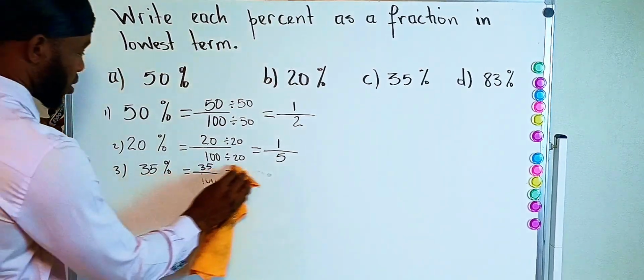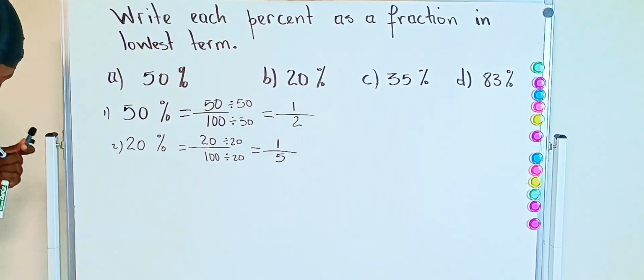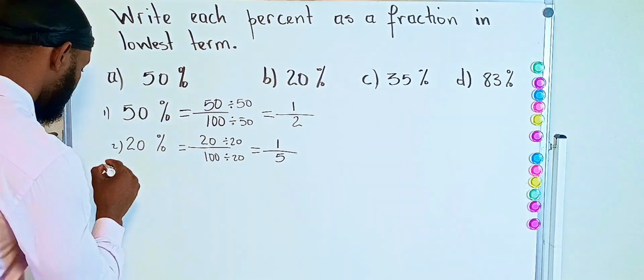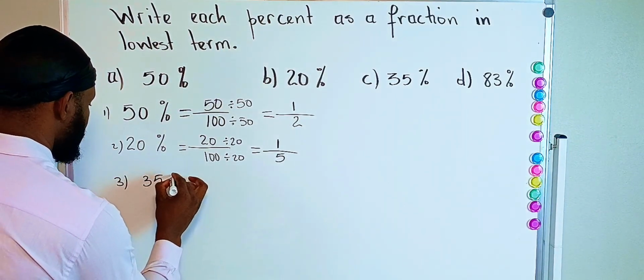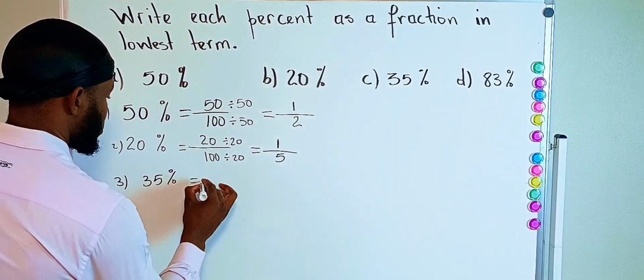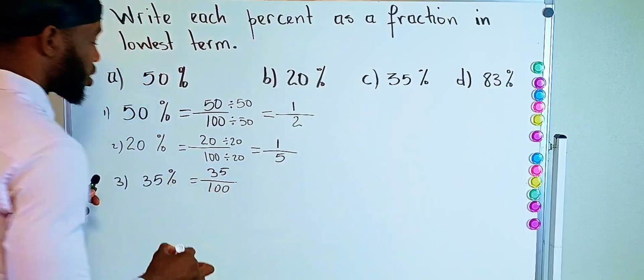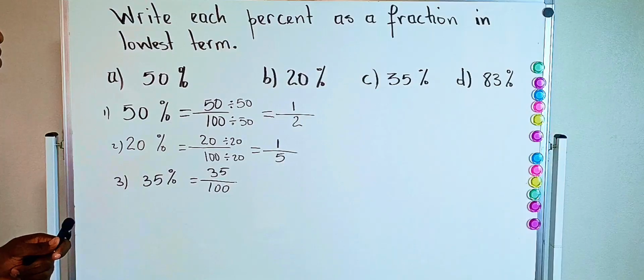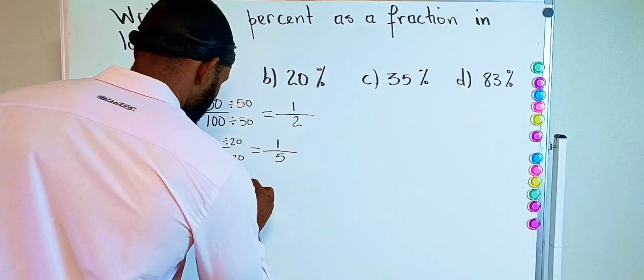Let's rewrite it a little bit down. So we got 35% equal, this is going to be 35 over 100. We can just divide by what?